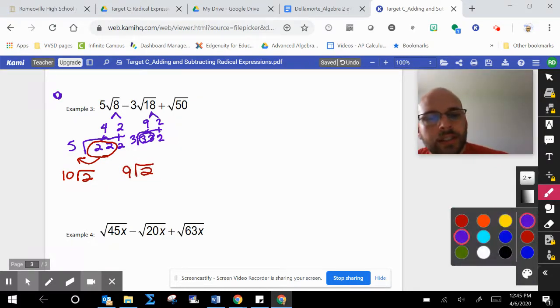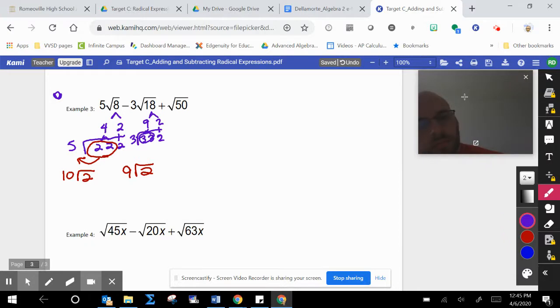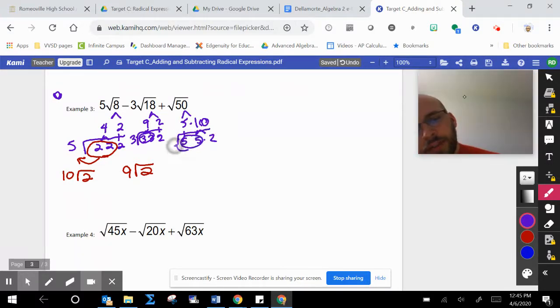And last but not least, let's do the last radical. This is 5 times 10. And then I have 5 times 5 times 2. And I could take a 5 out. So I get 5 square root of 2.